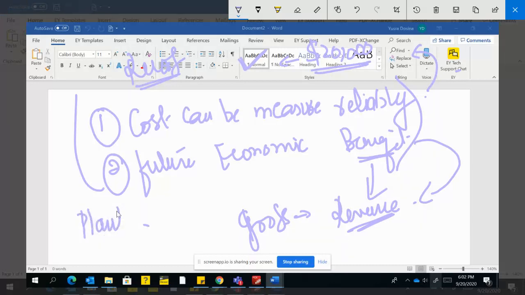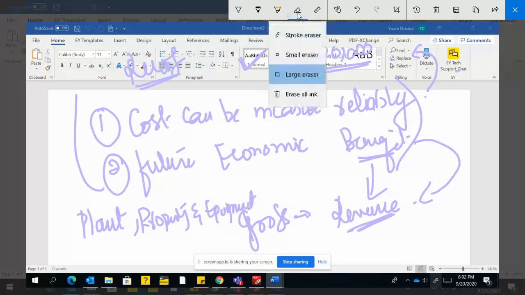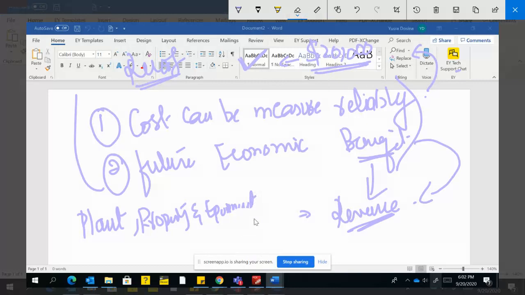If you are buying plant, plant is debited. If you are buying property, the property will be debited because property is increasing, and the machinery will be debited because our property, plant, and equipment, our asset, is increasing. So obviously, I am recording this on the debit side, and the other side is that you are paying cash or paying by check.